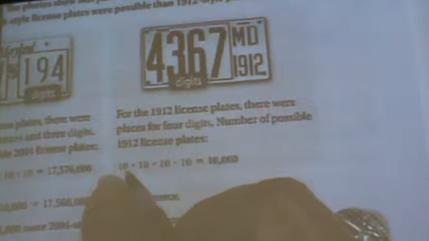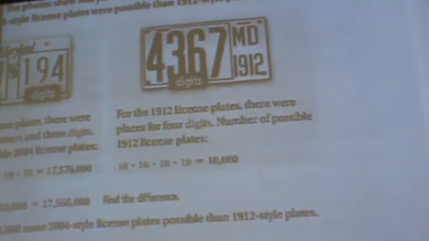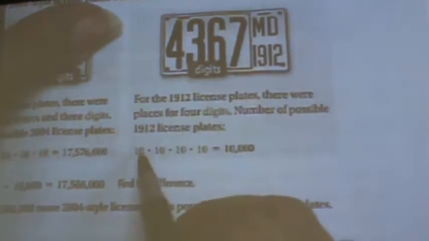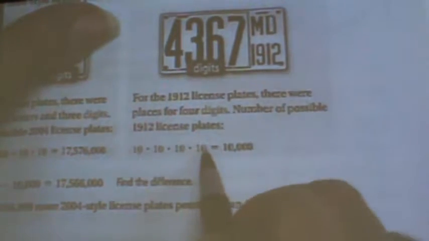Well, there are 10 different numbers you can pick from: 0, 1, 2, 3, 4, 5, 6, 7, 8, 9. There's 10 numbers. So to figure out how many possible license plates in the year 1912, you would do 10 times 10 times 10 times 10.